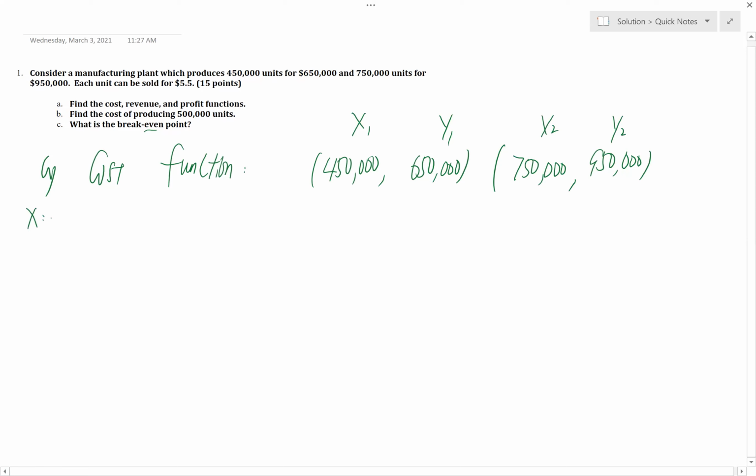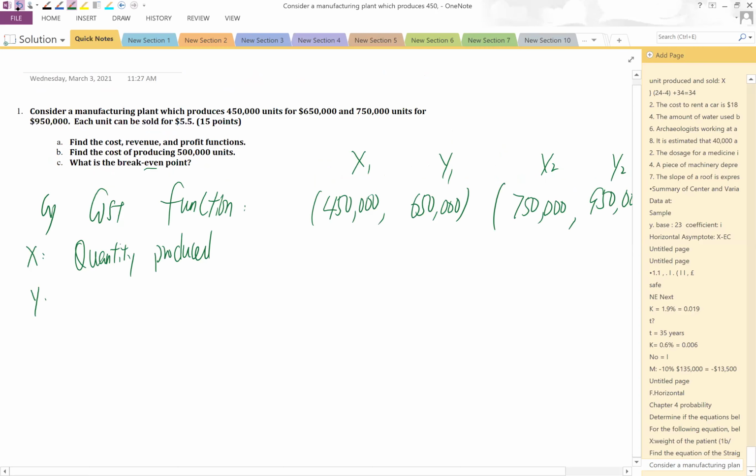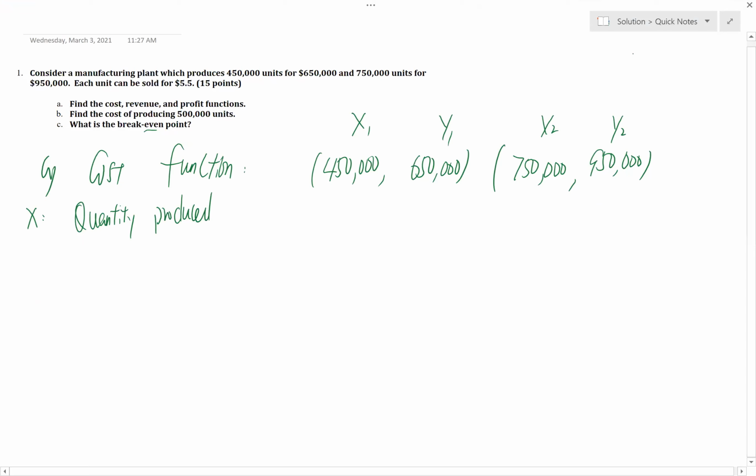X will be the quantity produced. And the y value, here we're using C of x, since it's the cost function. C of x is the cost of producing x units.